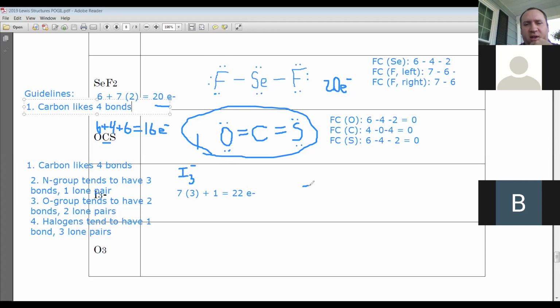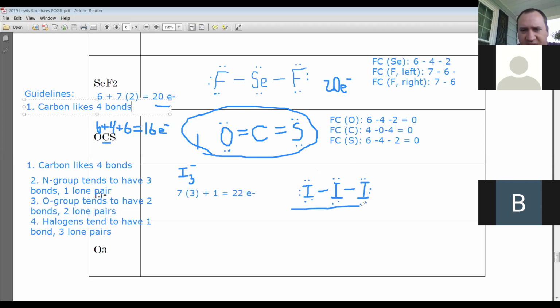For triiodide, we are going to have iodine single bonded to iodine, and one more there. We're going to fill in our octets. So 2, 4, 6, 8, 2, 4, 6, 8, 2, 4, 6, 8.